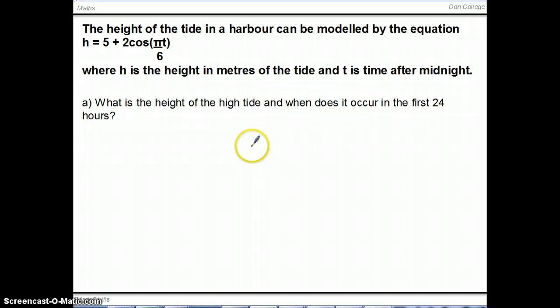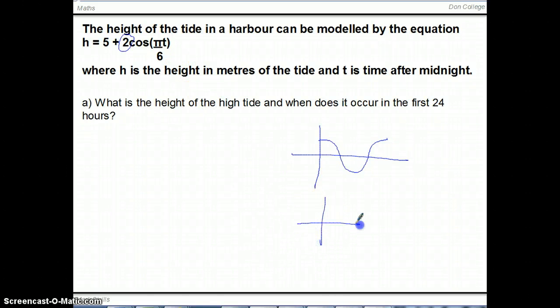Okay, so we would be able to get an idea of what this is going to look like just off a rough sketch. We know that cosine starts off life looking like that, and this has been dilated by a factor of 2. It has an amplitude of 2, so it's actually going to end up being like that, so 2 and negative 2 instead of 1 and negative 1.